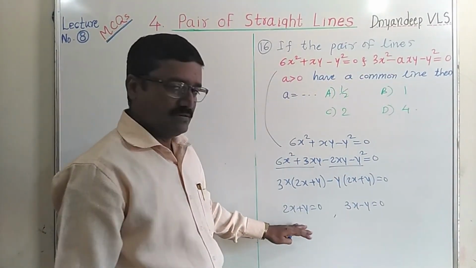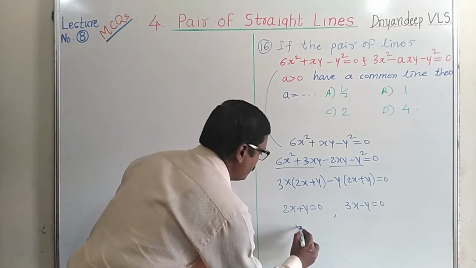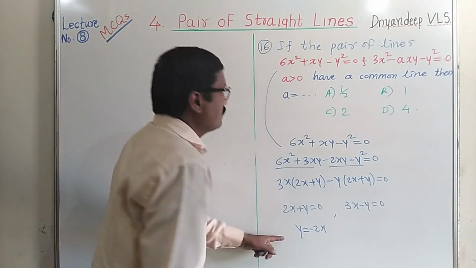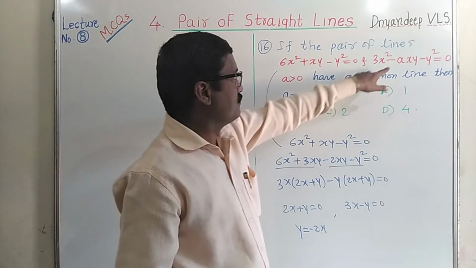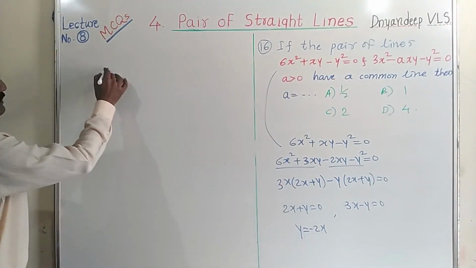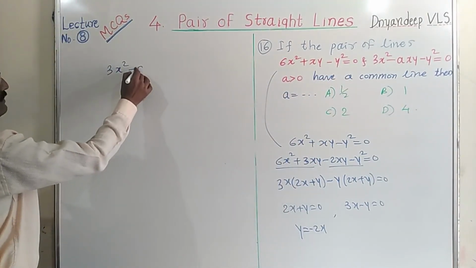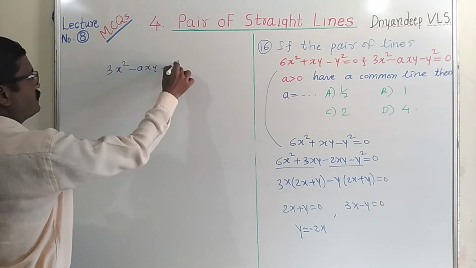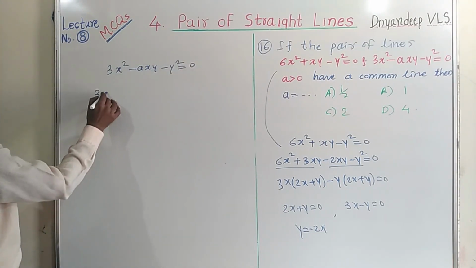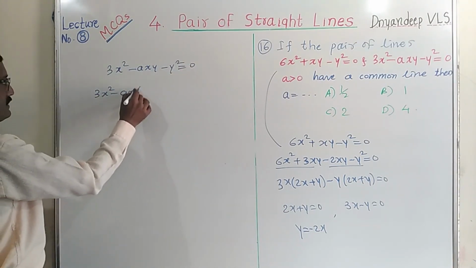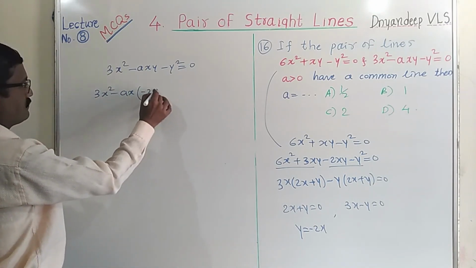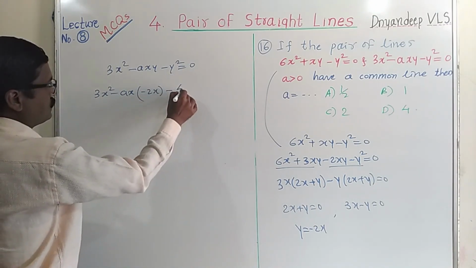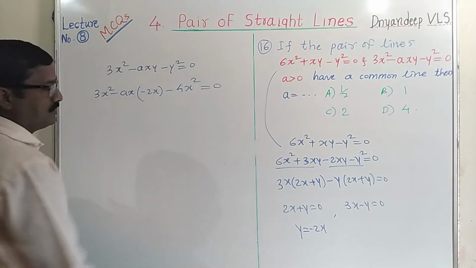So let us suppose first that y is equal to minus 2x is the line common with that. So put y equal to minus 2x in this second equation, so that we get 3x square minus axy minus y square equal to 0, means 3x square minus ax into y, which is minus 2x, minus y square, where y is minus 2x, so we get 4x square equal to 0.